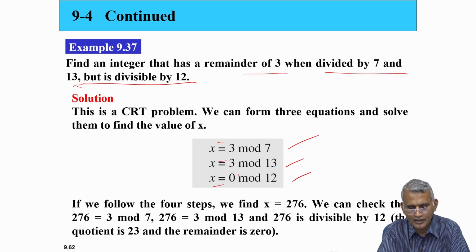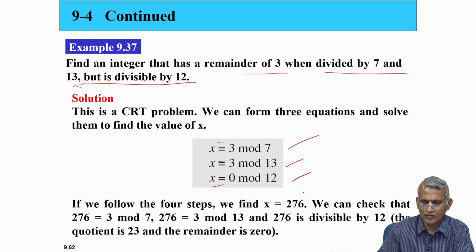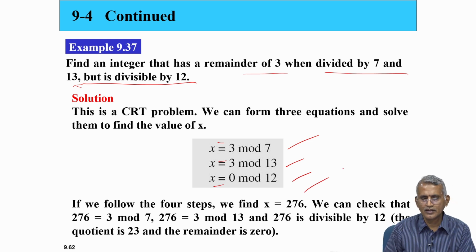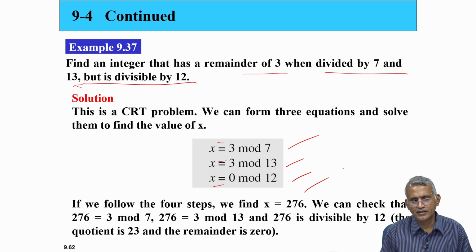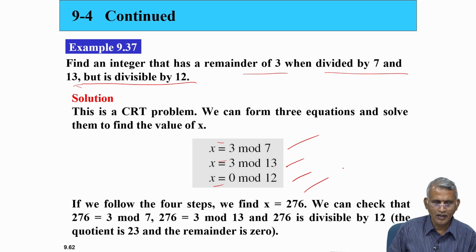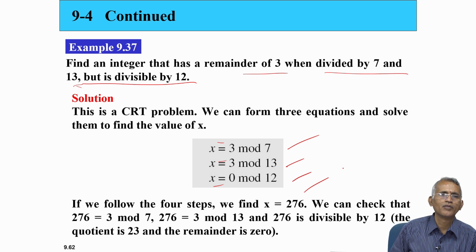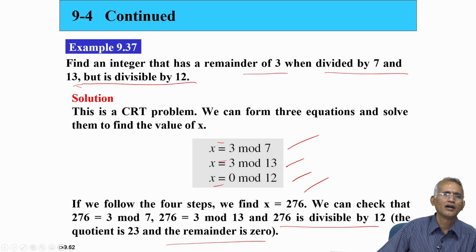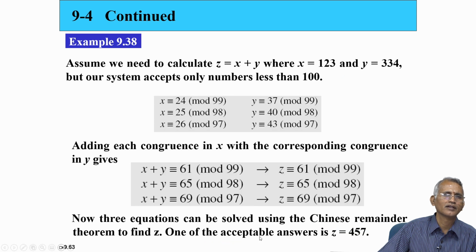It follows that x is equal to 276, as we already discussed. Simply multiply 7 into 13 into 12, then calculate M1, M2, M3, and the inverses, and according to that we can find the value of x.